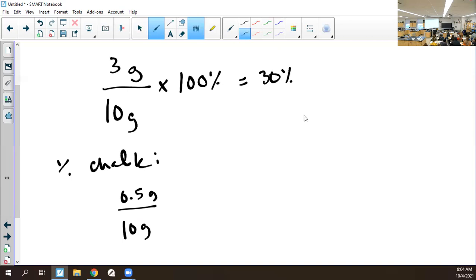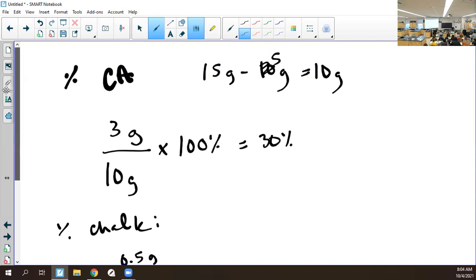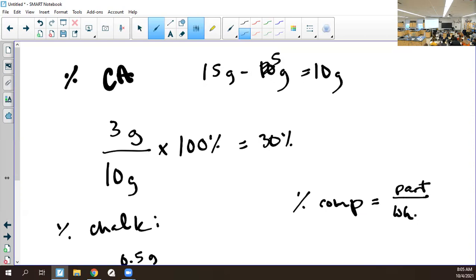So I just realized I don't think we covered what the formula for percent composition is. Percent composition is equal to a part over the whole times 100.